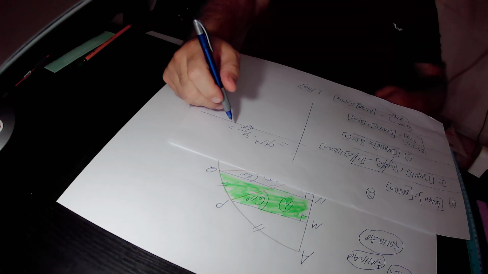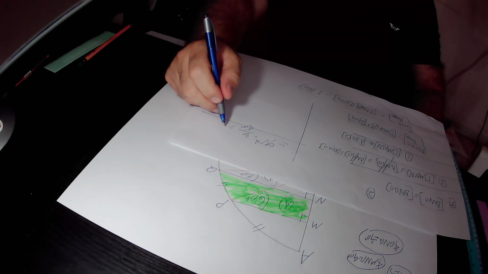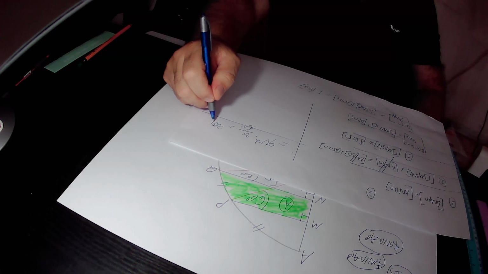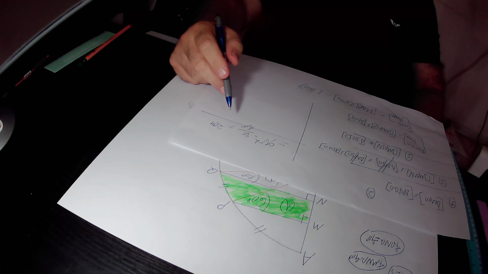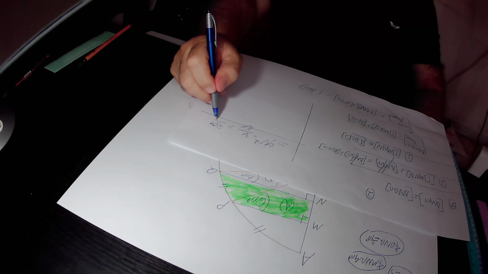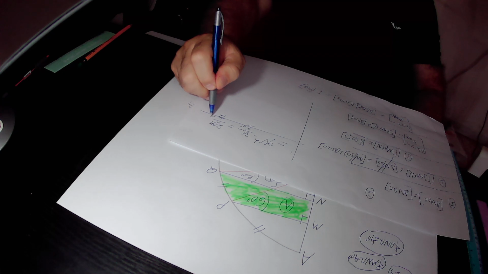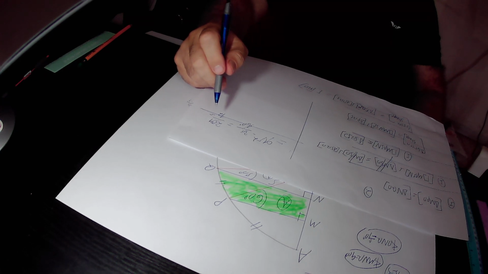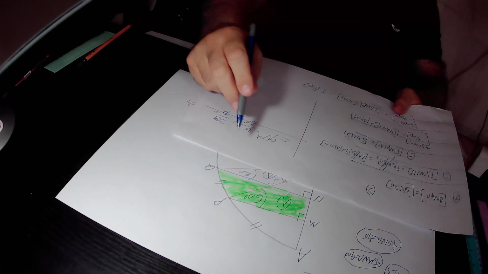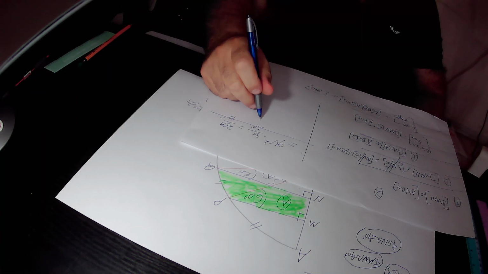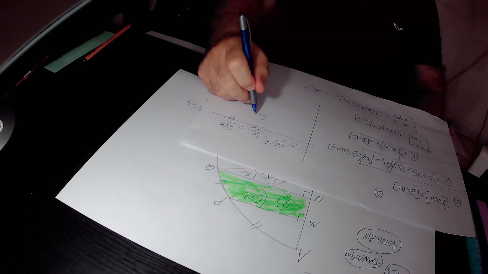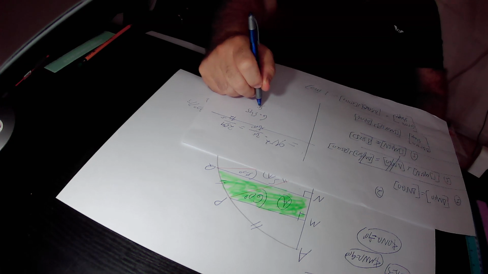So the area equals 25 pi, and 30 degrees over 360 degrees is 1 over 12. So it is 25 pi over 12 square units. In terms of numbers, the area of this green shape is equal to 6.545 square units.